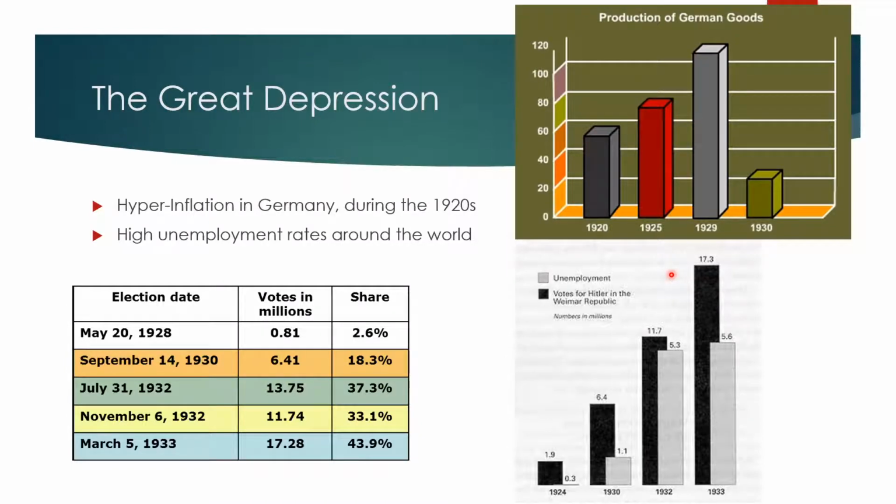With the Depression hitting, unemployment was high around the world, and as unemployment grew and people felt there was no hope for the future, that's when you start getting dictators like Hitler coming into power. And as time progressed, he gained more and more power in the Weimar Republic, which was the name of the German government at the time.